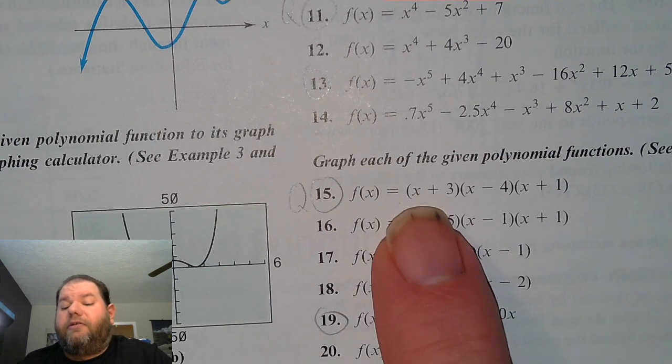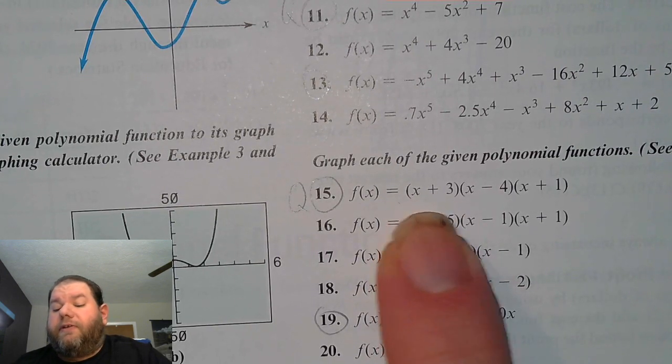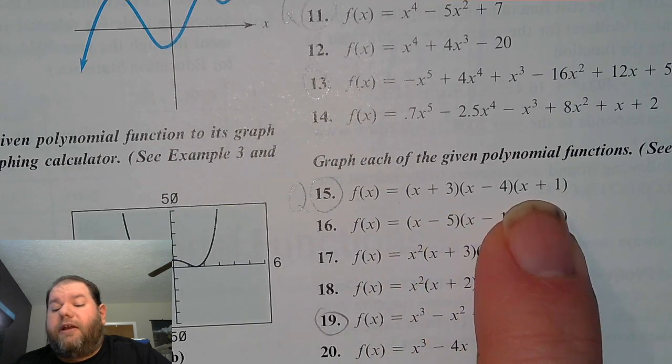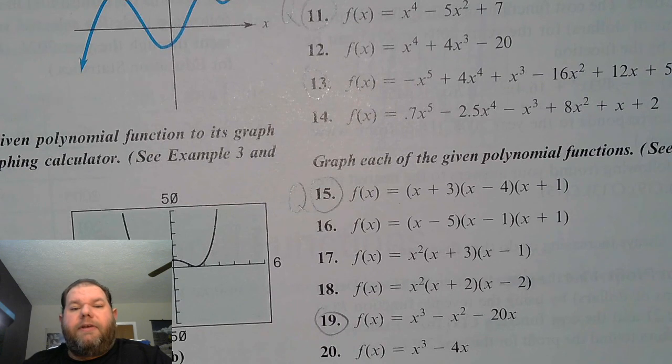And so like here, for 15, where we have x in the first parentheses, x in the second parentheses, and x in the third parentheses, we end up multiplying x times x times x. What's the leading term then? Well, it'll be x cubed, yeah, x to the 3.